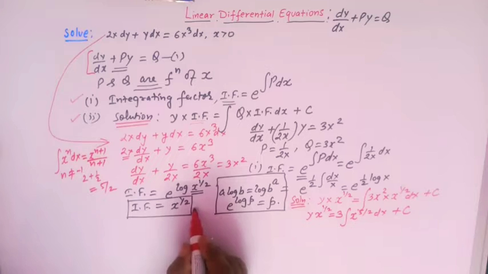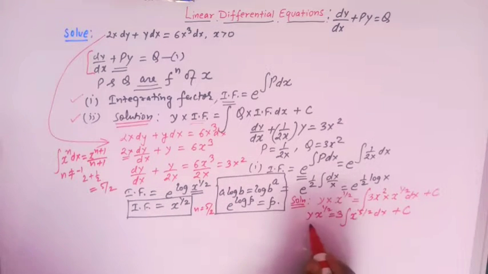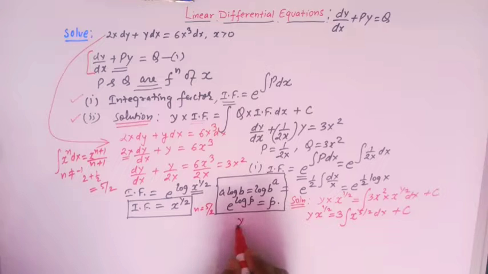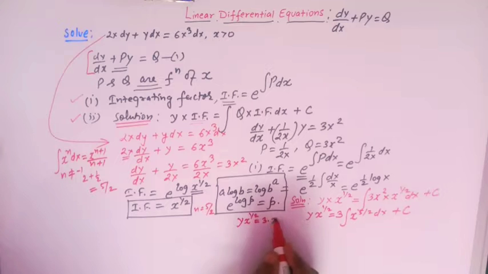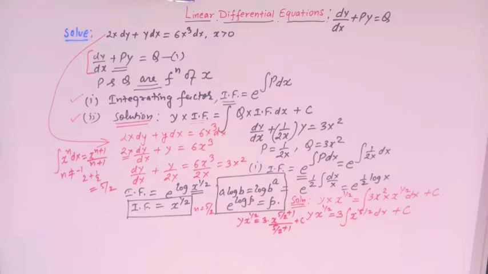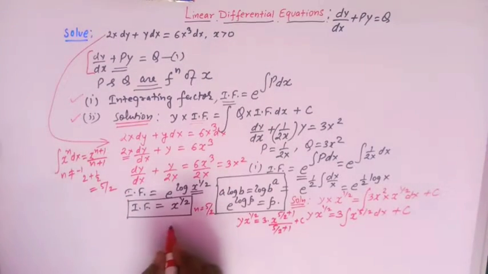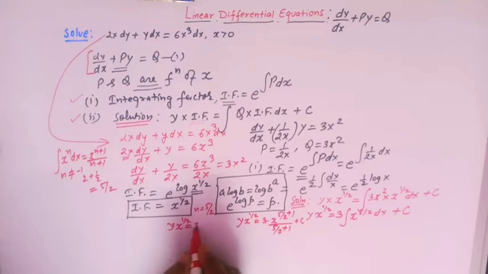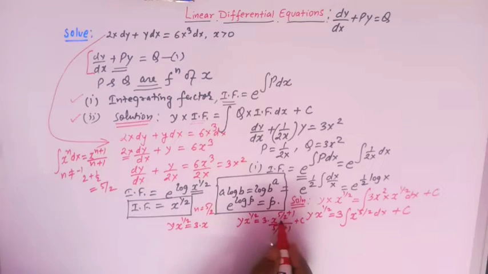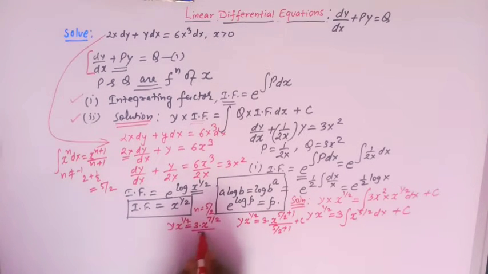So here for n we have 5 over 2, so we can write y x raised to half is equal to 3 times x raised to 5 over 2 plus 1 over 5 over 2 plus 1, plus c. Now we can simplify it. So we have y times x raised to half is 3 times x raised to 7 over 2 over 7 over 2, plus c.